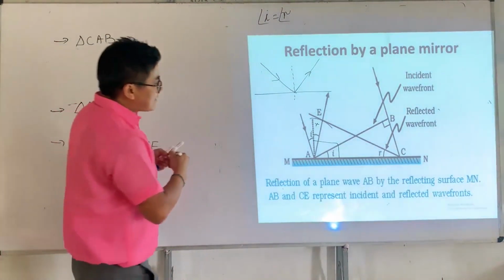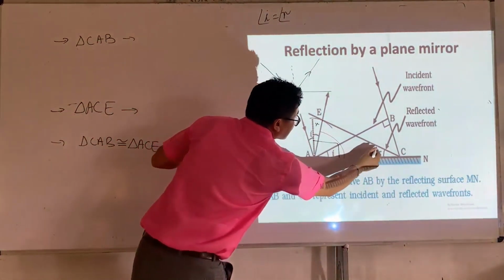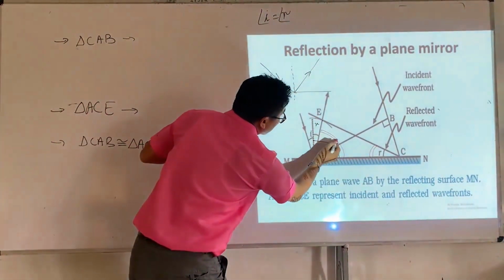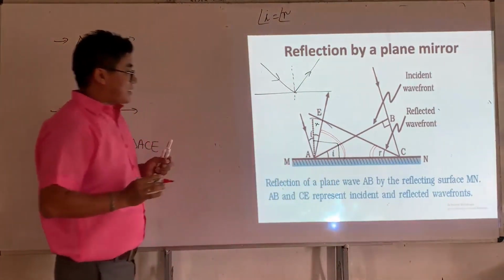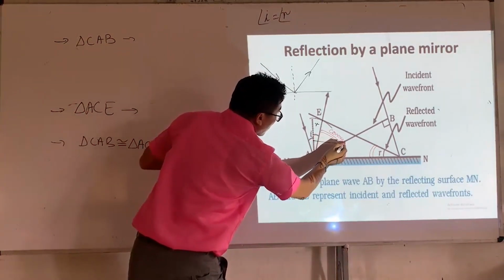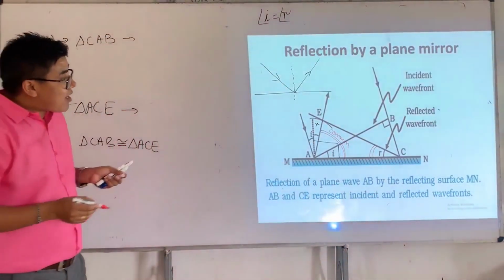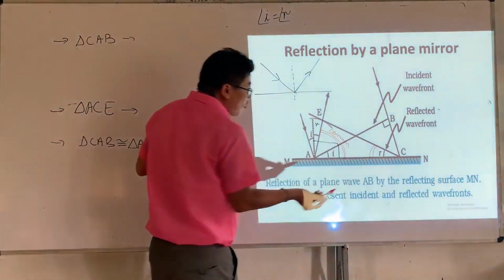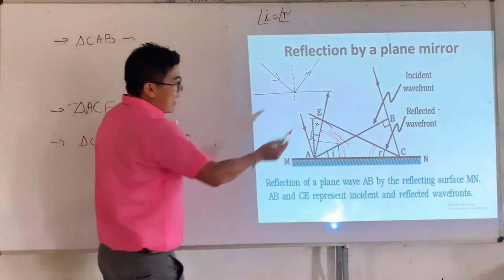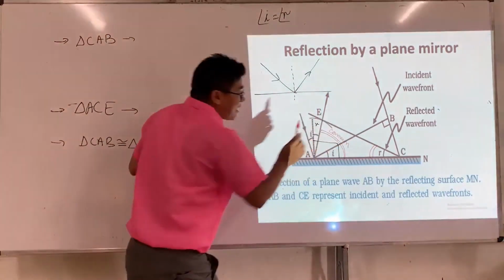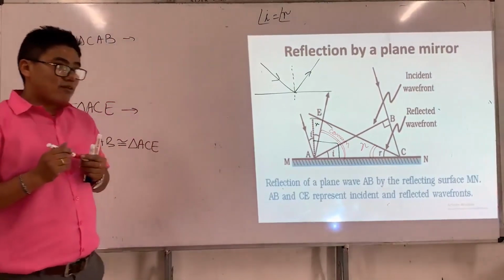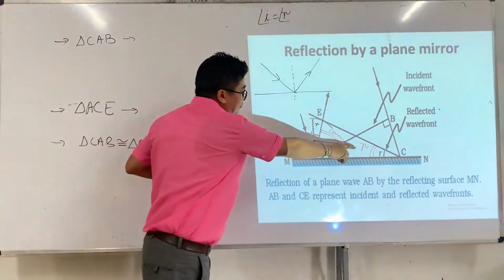And this angle plus this angle is also 90 degrees. Since this angle is common, this common angle plus R is 90 degrees, and this common angle plus that angle is 90 degrees, which implies that this angle must be equal to R.